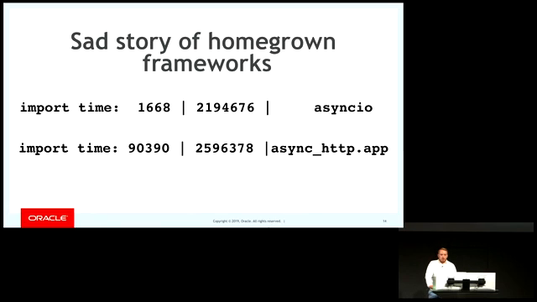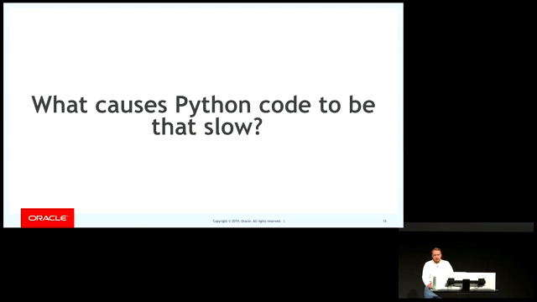So we were able to build this type of framework that was able to import its own code and start in 2.5 seconds, which is less than 3 seconds, but still not that cool.